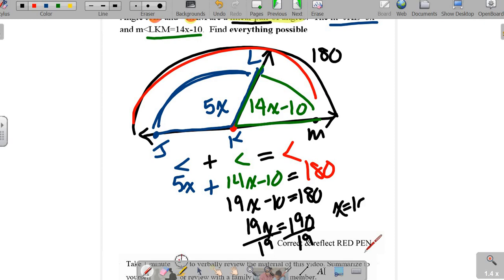And x should have equaled 10. Hopefully you didn't stop there. Hopefully you went back and 5 times 10 is 50. Then you check 14 times 10 is 140 minus 10. That makes that 130. 150 and 130 add up to 180. Check.